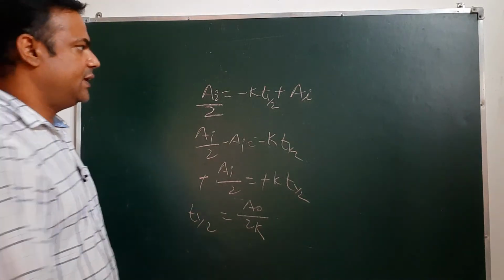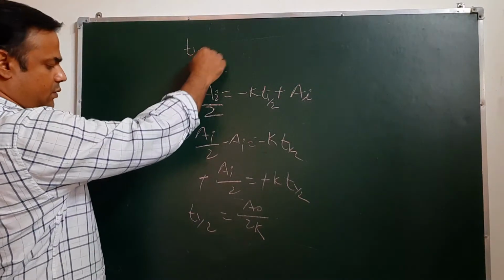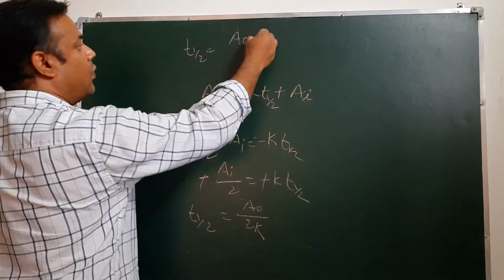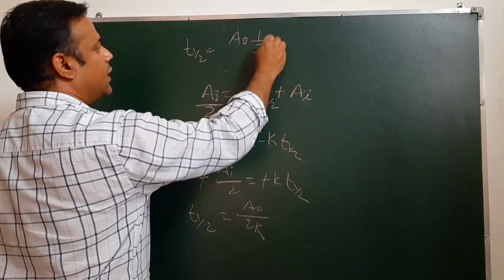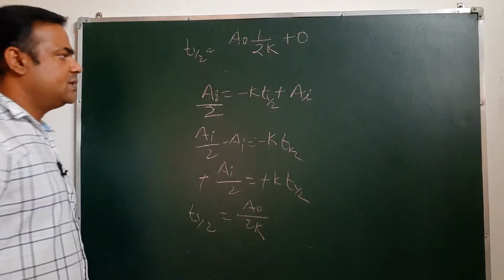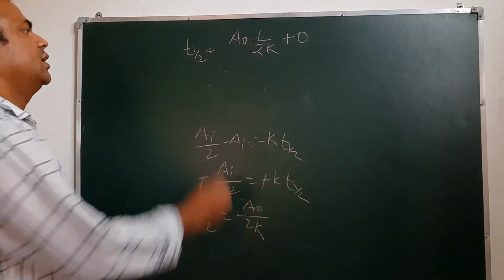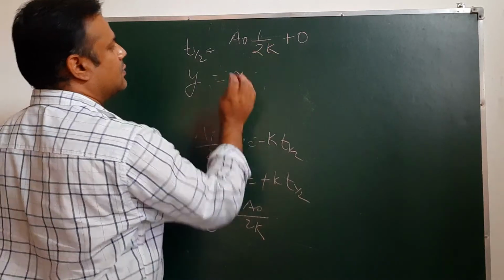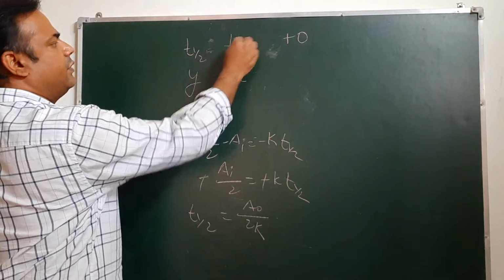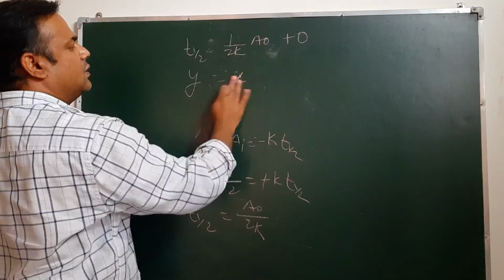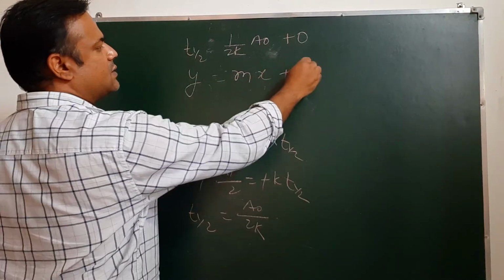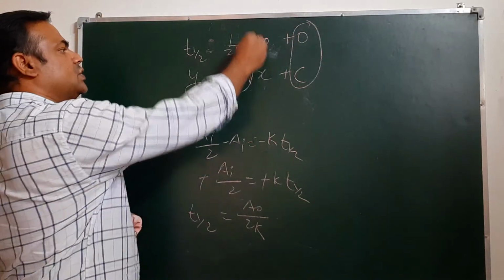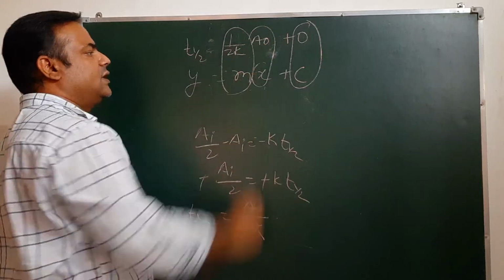If we write this equation as T half equals 1 by 2K times A naught plus 0, you can see it is following the equation of a straight line, y equals mx plus c, where c is the intercept, m is the slope, and x is the initial concentration.